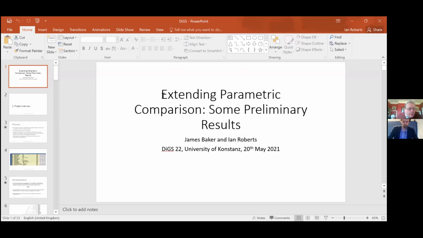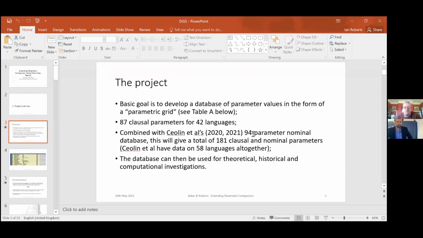The goal of the project is to develop a database of parameter values in the form of a parametric grid of the kind that's familiar from work on nominal parameters by Pino Longobardi and his associates, which they've been doing now for about 20 years.